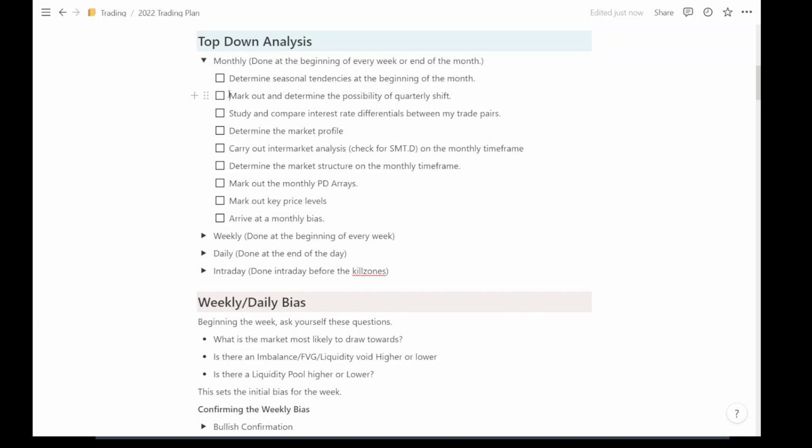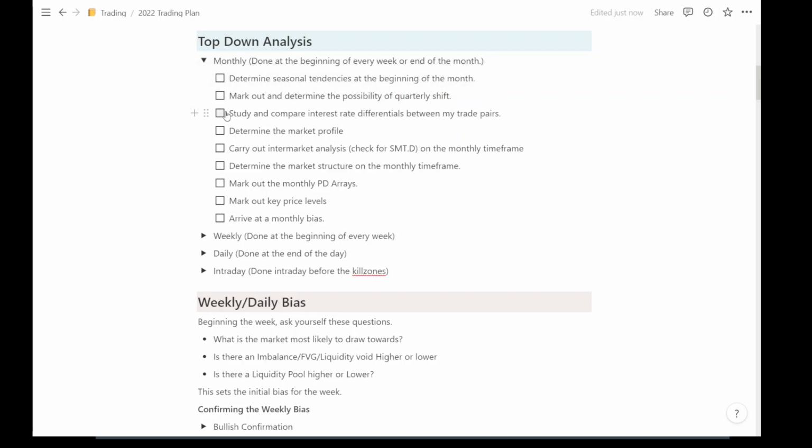So if price has been bearish for the past 3 to 4 months, there is a high probability that there may be a shift. It doesn't have to happen, but there is a high probability that there may be a shift at the start of the new month. So this is what I do on the monthly time frame. I try to check, is there the possibility of a quarterly shift?